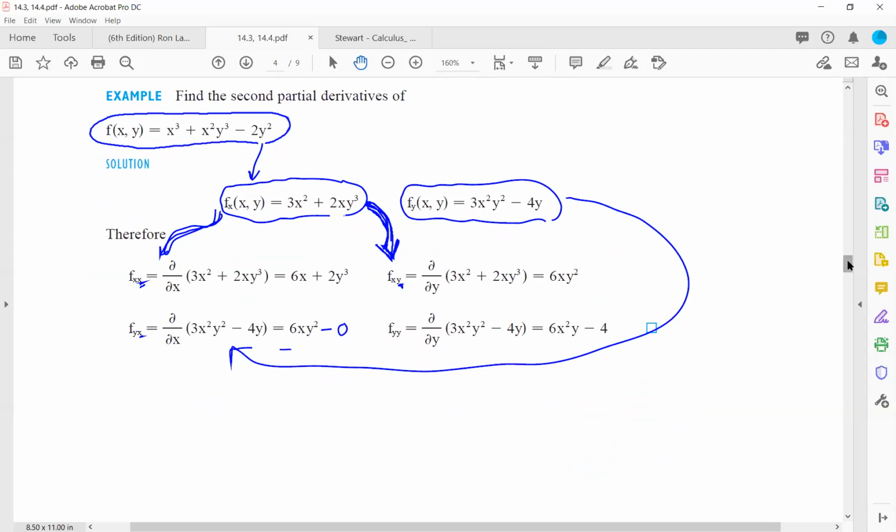So the outcome is just 6x y squared. Now the second partial derivative of the function with respect to y. Again, we're going to use the same function: the partial derivative with respect to y of 3x squared y squared minus 4y. Now your free variable is y. So the outcome is 3x squared times 2y, which is 6x squared y, minus the derivative of 4y with respect to y, which is 4.